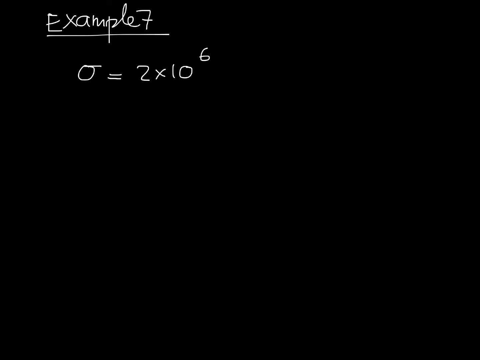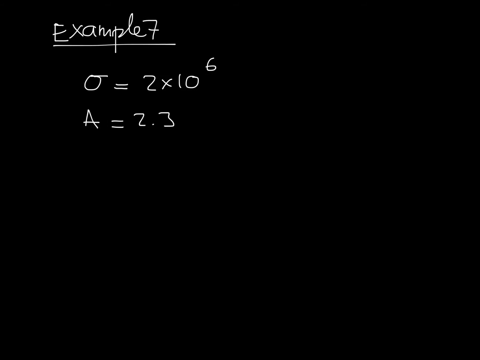The wire has cross-sectional area A of 2.3 millimeter square, the current I is 5.5 ampere, and the potential difference V is 1.4 volt. We are asked to calculate the length of this wire.